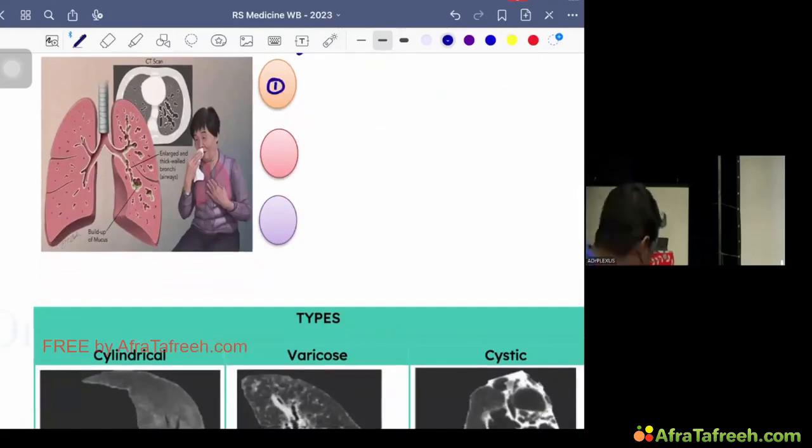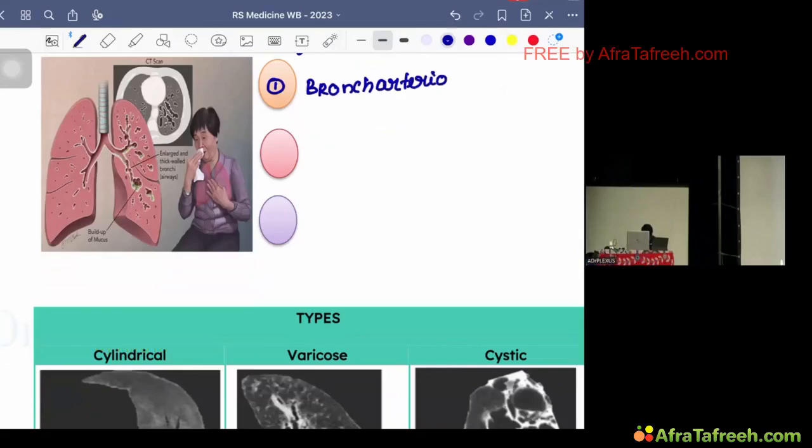The first one is the broncho-arterial ratio. What is the broncho-arterial ratio? As I told previously, you have the bronchus and you have the artery. Whenever the bronchus enlarges in size and the ratio is more than 1, it indicates bronchiectasis.